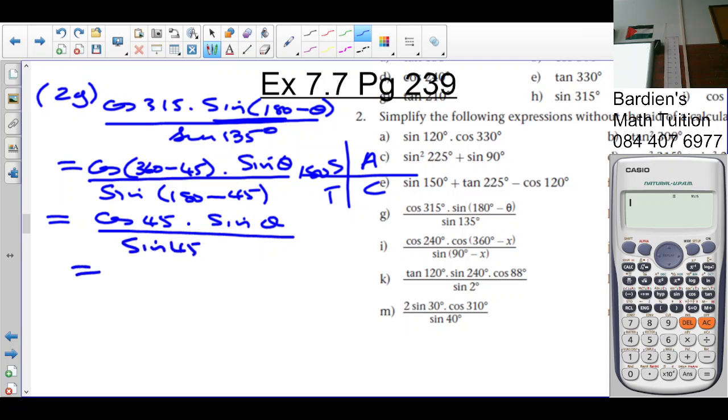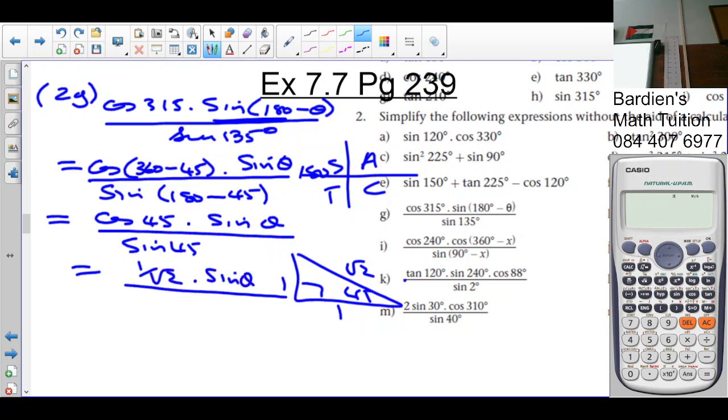It takes you to the 45-degree triangle, so it's 1, 1, root 2. So cos 45 is 1 over root 2 times sine theta over 1 over root 2. That now cancels. Okay.